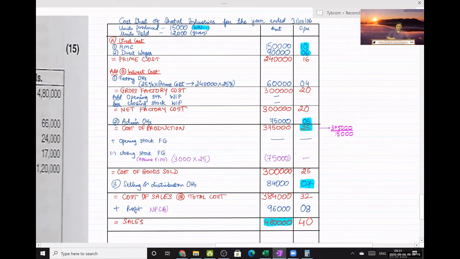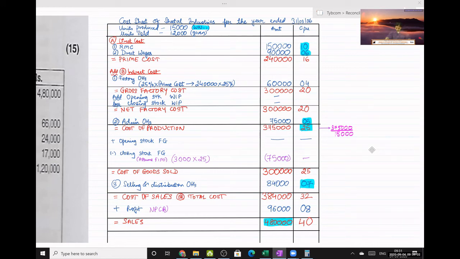Okay, now by the time others prepare the reconciliation statement here, reconciliation statement banao and start writing it.